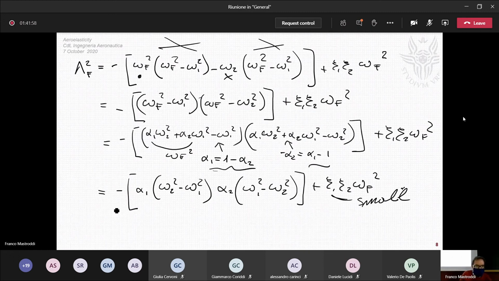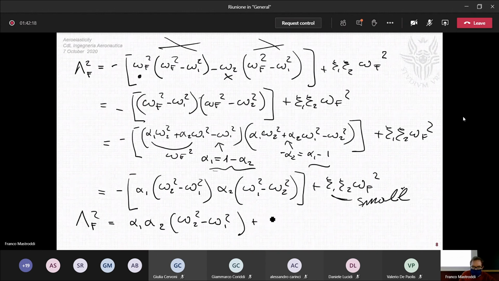And therefore, lambda flutter square is equal to alpha 1, alpha 2 by omega 2 square minus omega 1 square plus, okay, plus zeta 1, zeta 2, omega flutter square. Small, this is small. Okay, what about alpha 1 by alpha 2? Alpha 1 by alpha 2 is alpha 1 by 1 minus alpha 1.